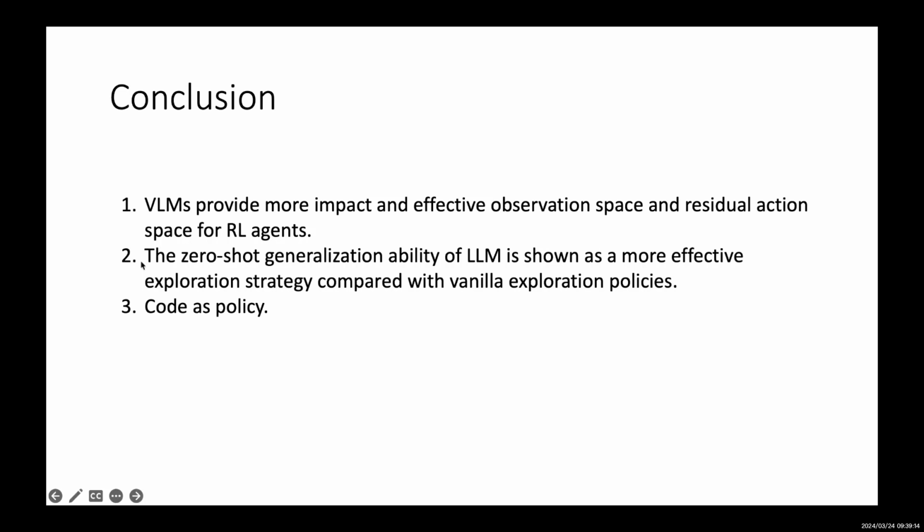The second thing I observed is that the zero-shot generalization ability of the large language model is shown as a more effective exploration strategy compared with some traditional exploration policies in reinforcement learning. So maybe you can try to prompt the large language model to output some demonstrations for your robotics.